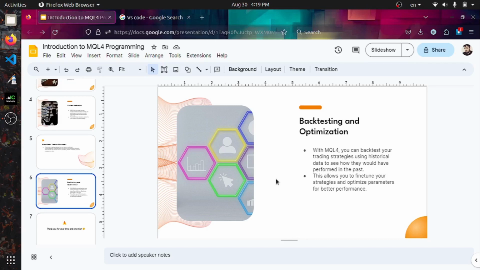Because my strategy is so good, I don't want to share it with anyone else, and I want to convert it into a bot by myself. So if you are someone with big money and you have a very good trading strategy, then you might want to learn to code in MQL4 programming language, because you want to convert your bots by yourself. So that's one more reason.